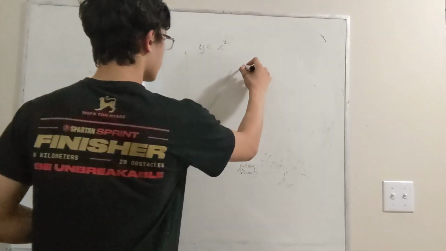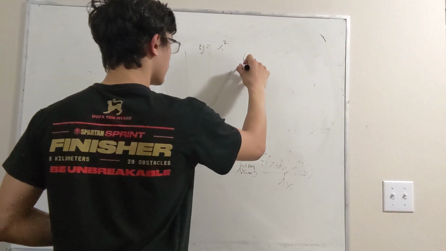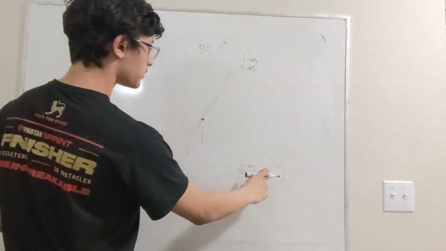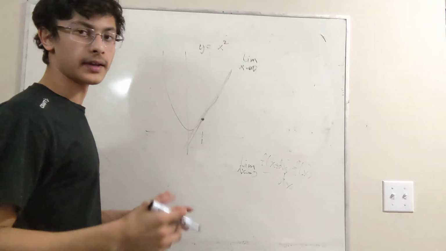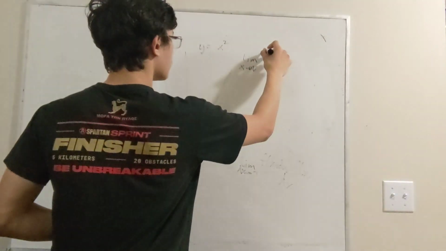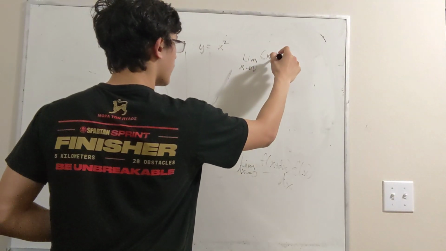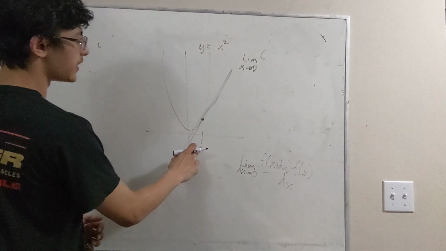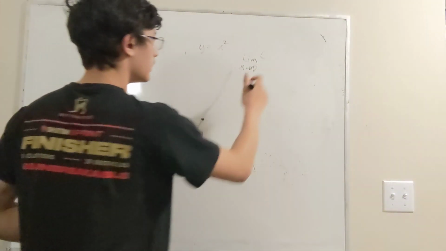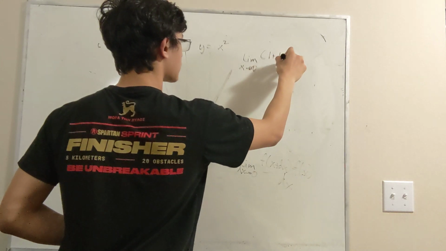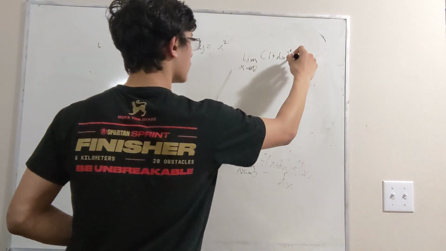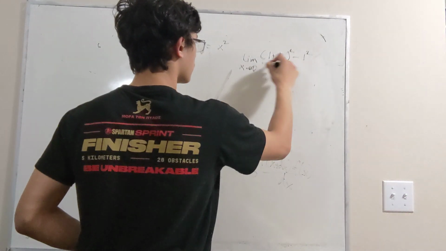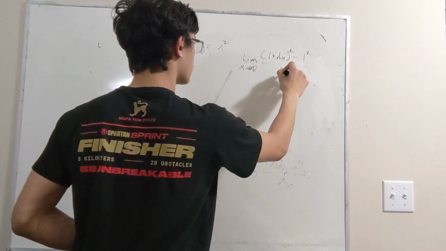So let's use our formula here: limit as dx tends to 0 of f of x plus dx minus f of x, over dx. f of x is basically x squared, so we plug that in, and we know x is 1. So that's 1 plus dx, whole squared, minus 1 squared, divided by dx.